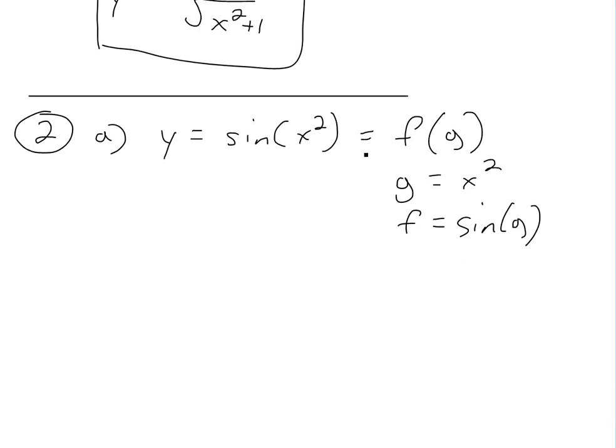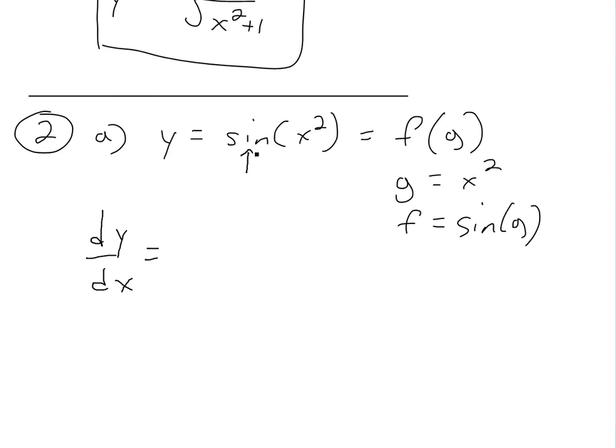The outer function is the sine, and the inner one is g of x, which is x squared. Again, we take the derivative of the outer one, the sine, so dy over dx is equal to the derivative of sine.